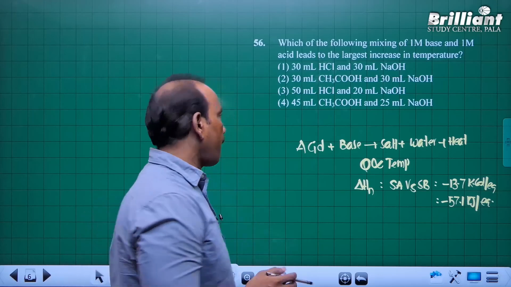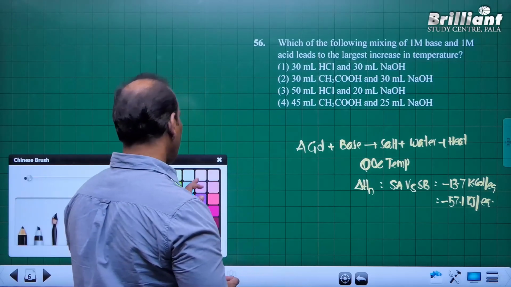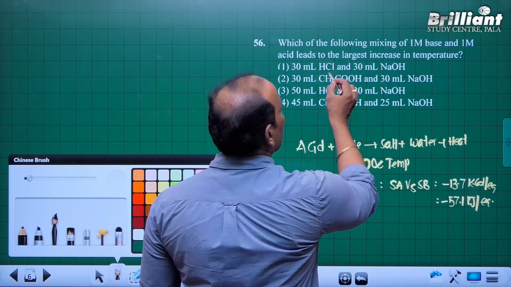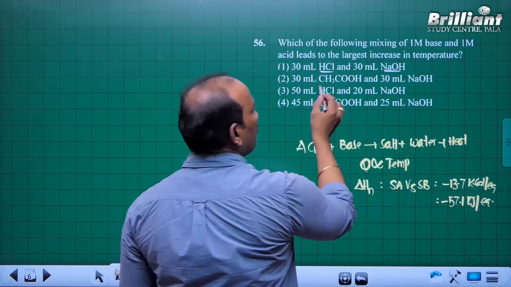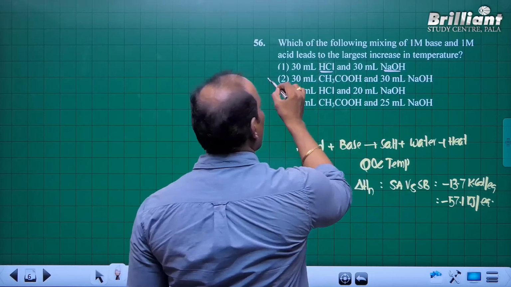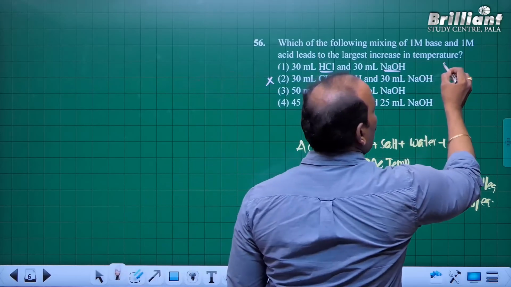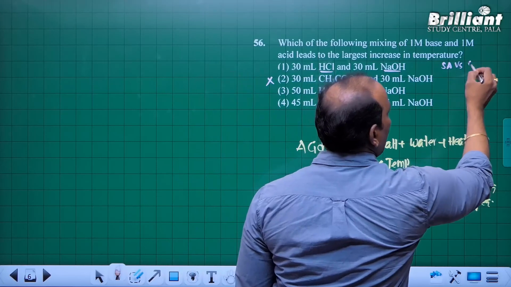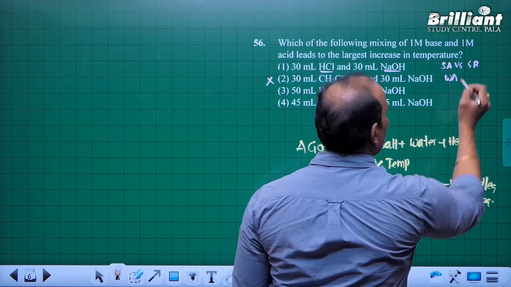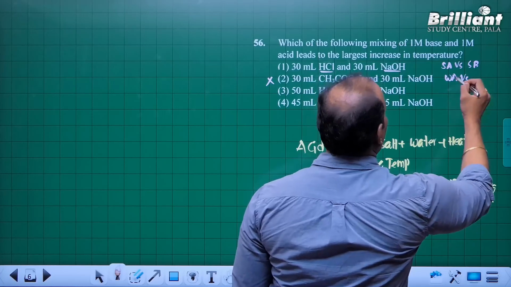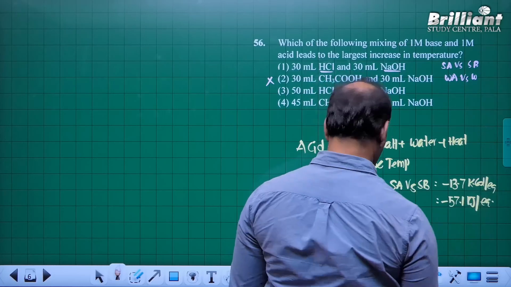Now in this one, HCl is a strong acid. Either possibility is there. Here weak acid versus strong base is wrong. This is strong acid versus strong base. Now this is weak acid versus strong base.